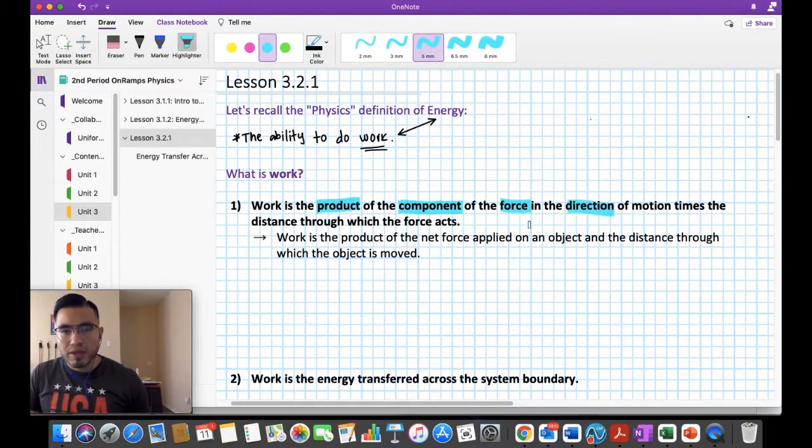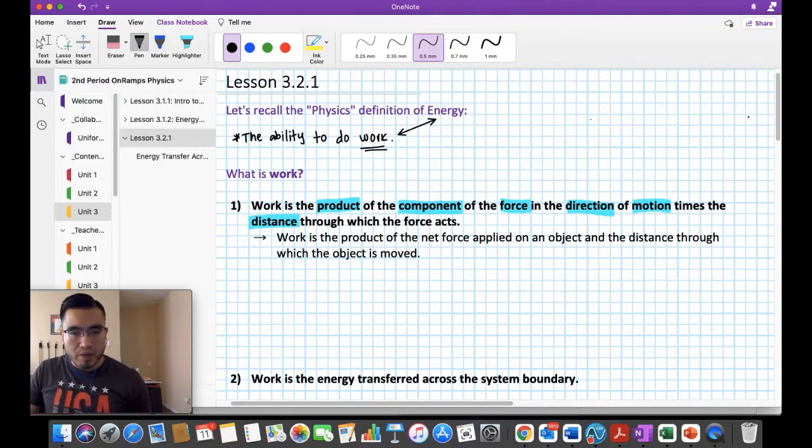We talked about force last unit with Newton's laws. And then motion, distance. So there's going to be a multiplication, vectors, so a force is a vector. So maybe we're going to multiply force times distance, right? And then we have to specify direction, and that is exactly what work is.